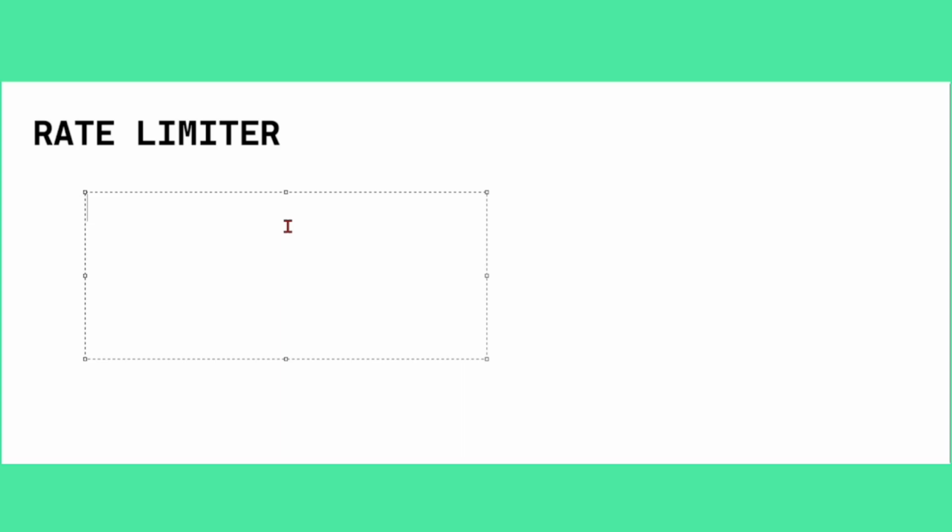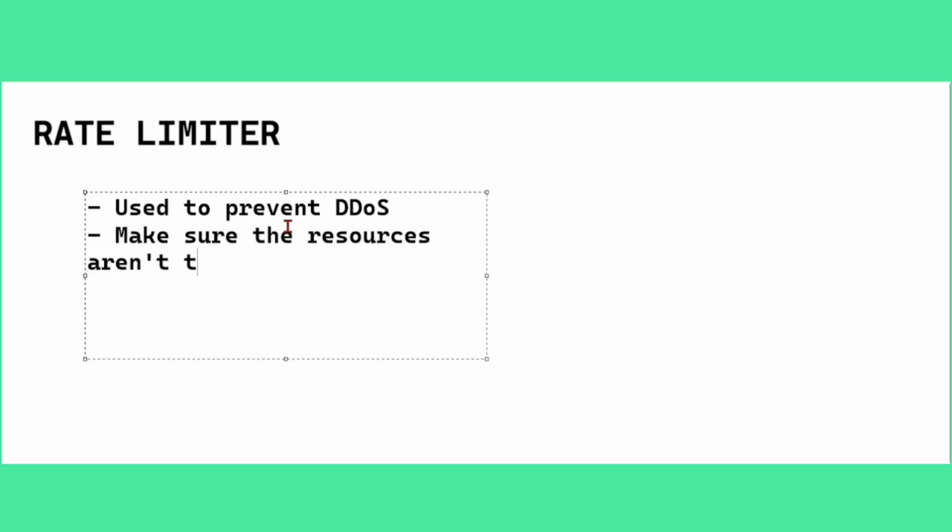So what is a rate limiter? It's usually used to prevent DDoS attacks. Then we also use it to make sure that resources aren't taking too much computation power from the infra.